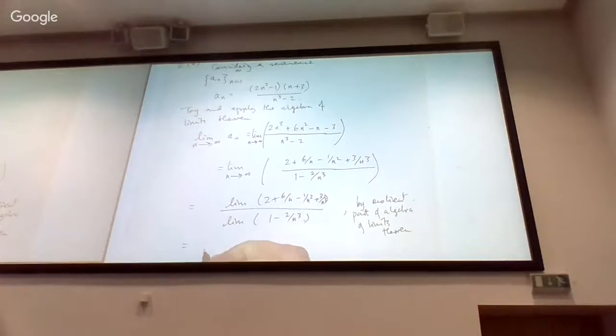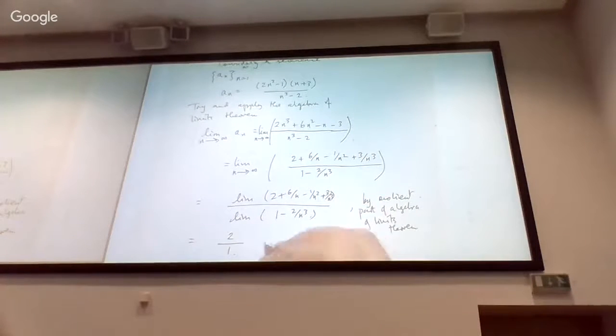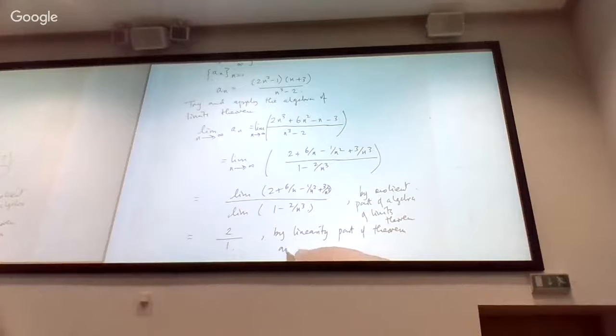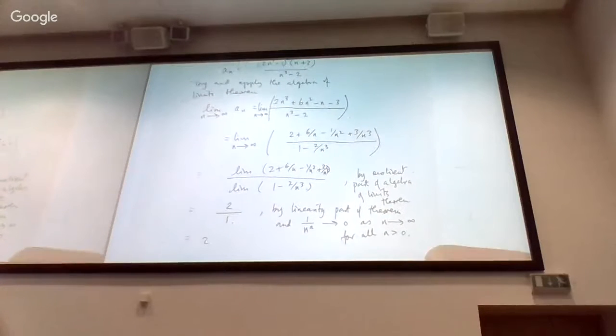We can say that's 2 over 1, i.e. 2, by the linearity part of the algebra of limits theorem, and the fact that 1 over n to the power a goes to 0 as n goes to infinity for all positive a.